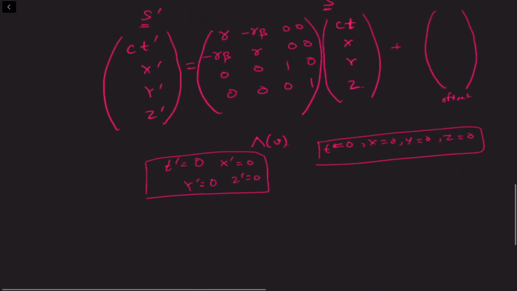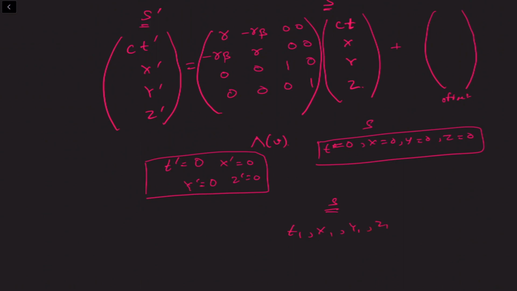However, if we consider time intervals or distances between two space-time points, so let's consider the space-time point as seen by observer S, which is at t1, x1, y1, and z1.